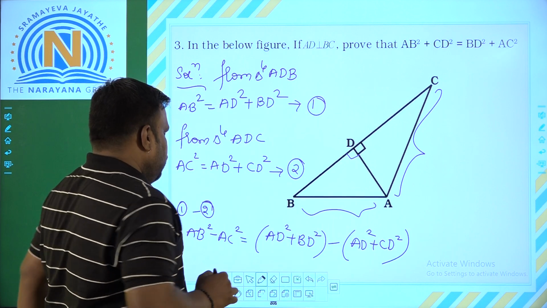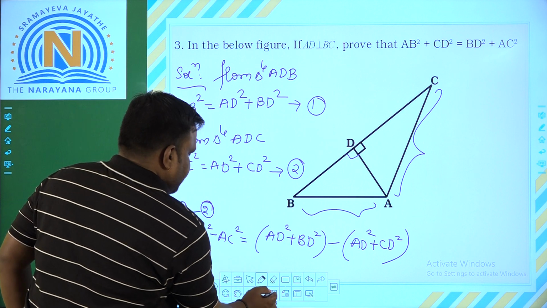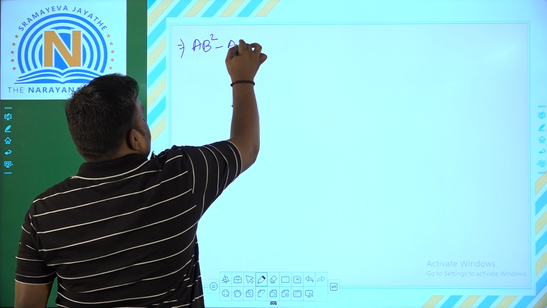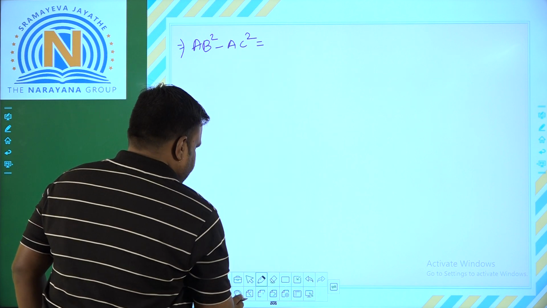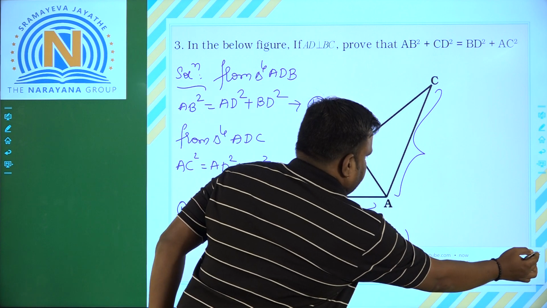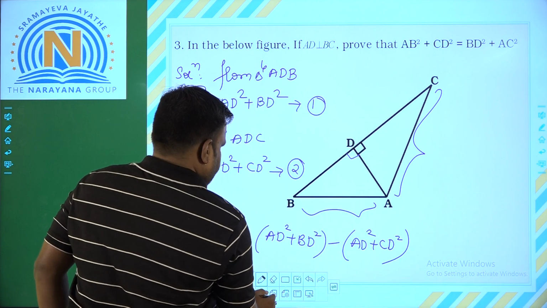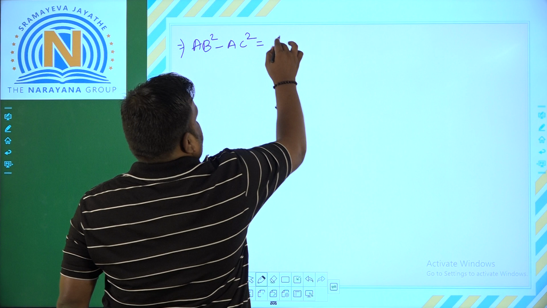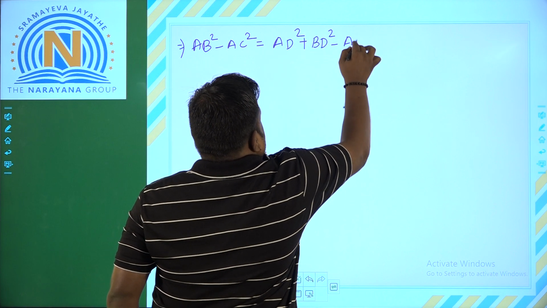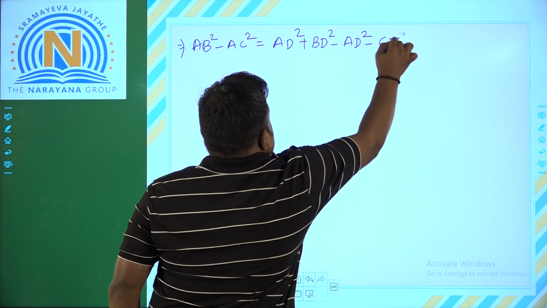Right? Now try to open the brackets on the RHS part. That implies AB square minus AC square is equal to AD square plus BD square minus AD square minus CD square.